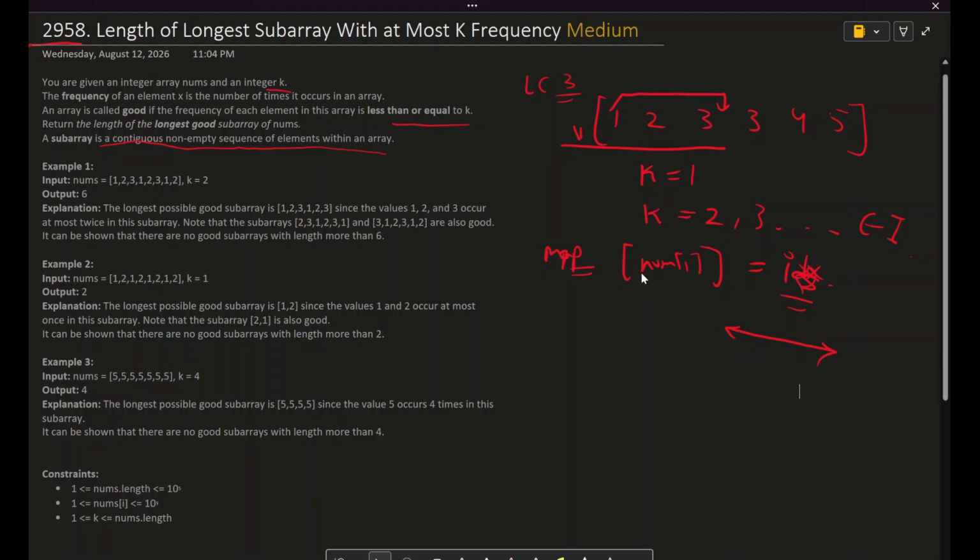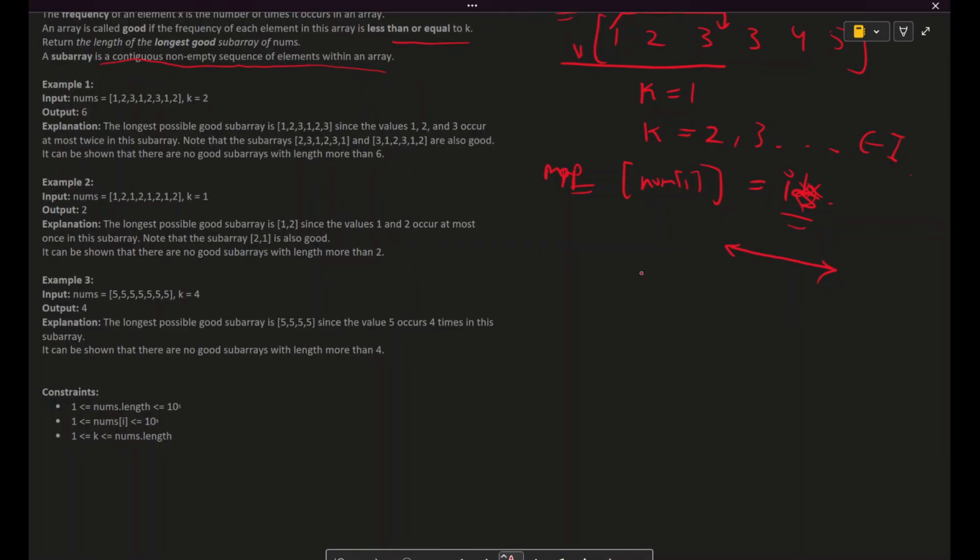So let's take this example: 1 2 3 1 2 3 1 2. We have to apply a sliding window. Our approach will be sliding window plus a hash map.